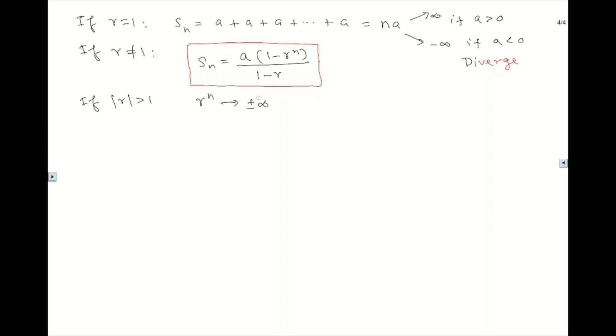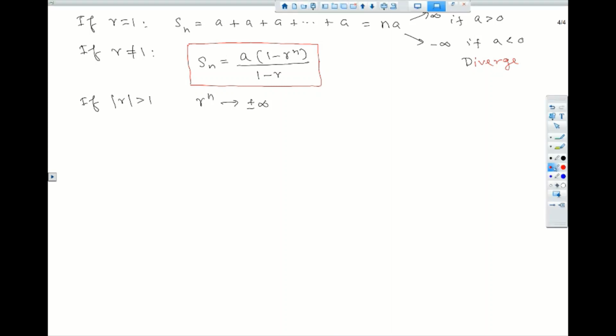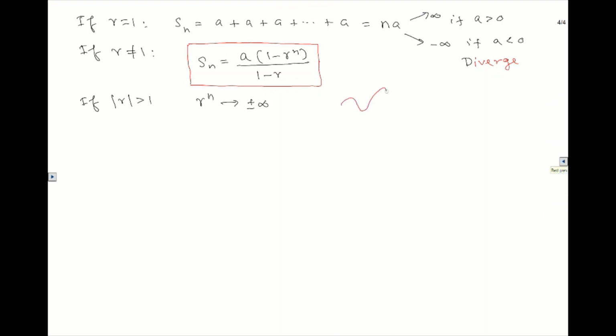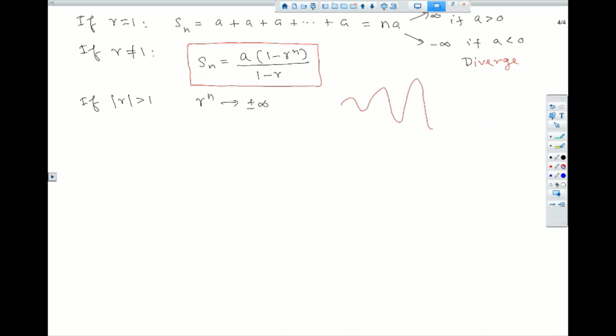If r is negative, then when you increase n, it's going to be like 2, -3, 4, -5, so it's going to fluctuate. If you look at the graph, it's getting larger and larger. That means it's going to diverge in this case.